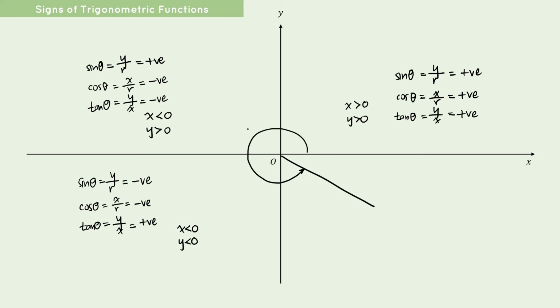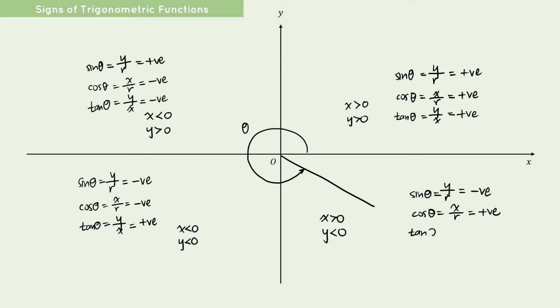So if you consider the last quadrant, x is greater than 0, but y is less than 0. So sine theta is y over r. You're taking negative divided by positive, so negative. Cosine theta, x over r, positive divided by positive, so it's positive.